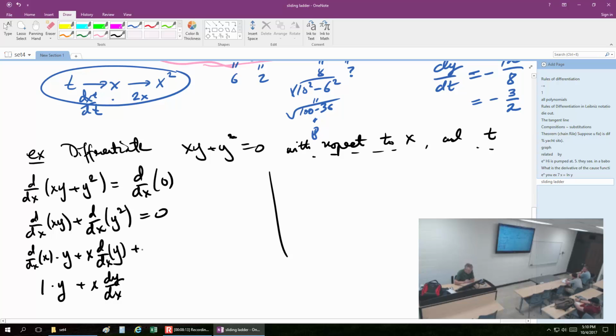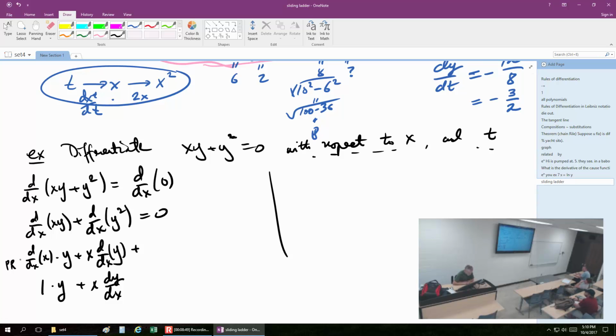The second term is, what rule do we apply for the second term? The power rule, yes, but there's a more important rule here. The chain rule. We are not differentiating with respect to y, we differentiate with respect to x, which means y is a function, which means that we are looking at a composition.